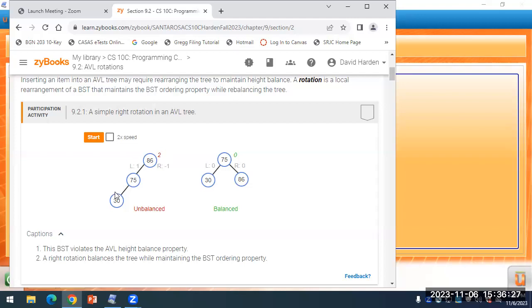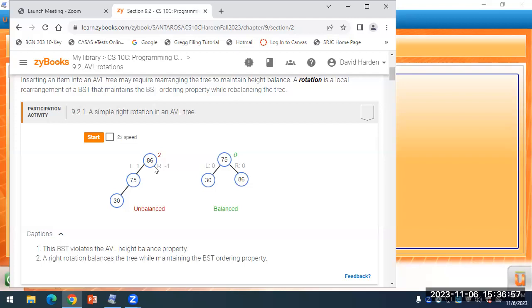Okay, so not an AVL tree. Do this little rotation to the right. Now we've got an AVL tree. Right, so you can imagine, I don't want to go too quickly to the code here, because just getting the rotations right is challenging enough. But just think about it really quickly, you're just gonna make it so that 75's right subtree is the 86.